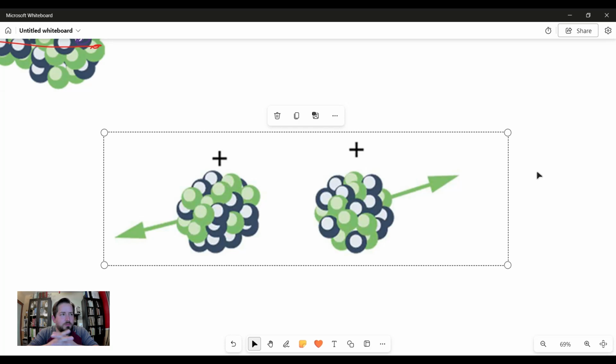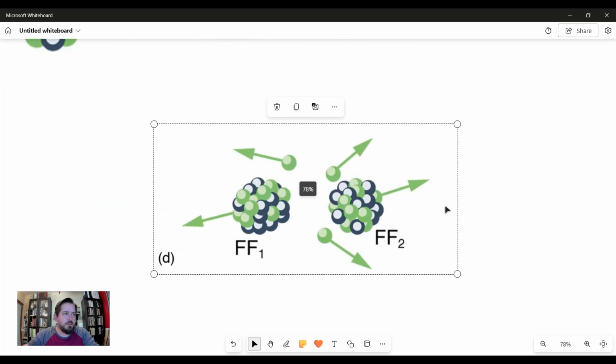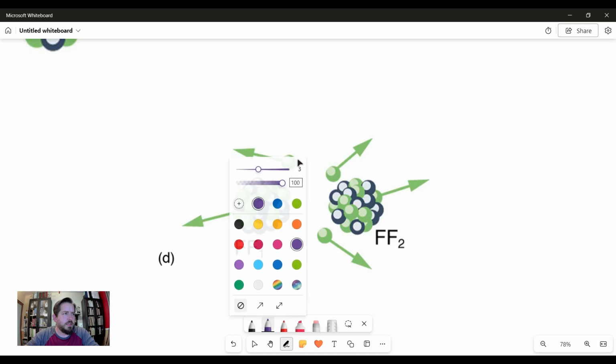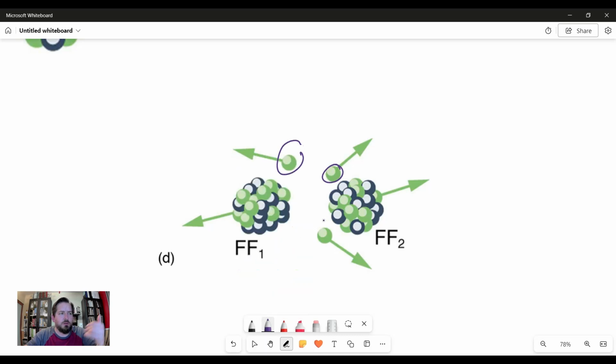If it gets spread too much, they just break and they're out. Typically neutrons will break free with it, so it kind of splashes, if you will. In this case, 1, 2, 3 neutrons bail out.